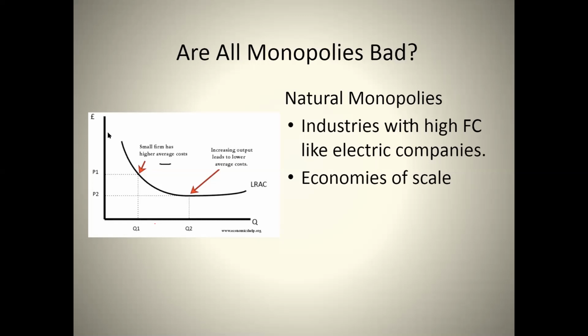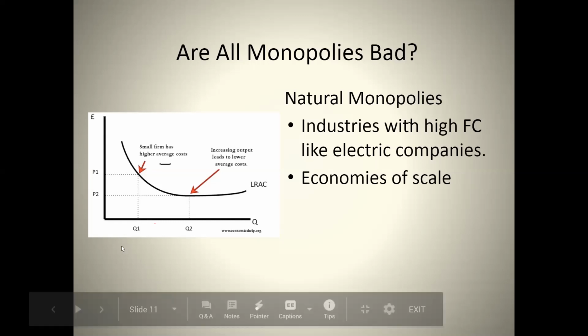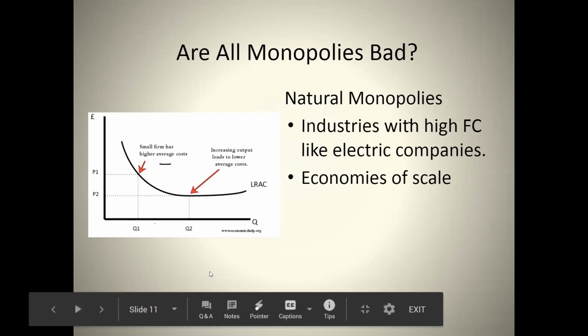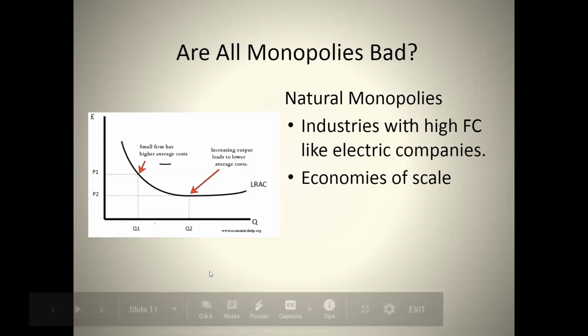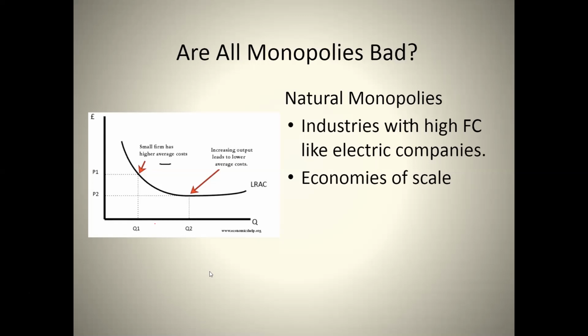Meaning that if you double your inputs, you would more than double your output, so your cost of production would be falling. Let's say we're trying to get to an output of 20, right here.